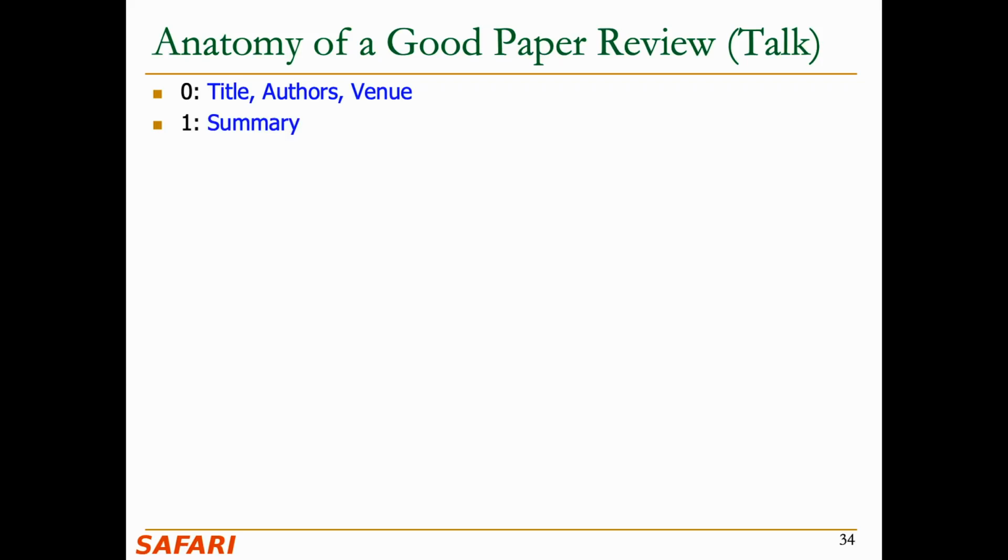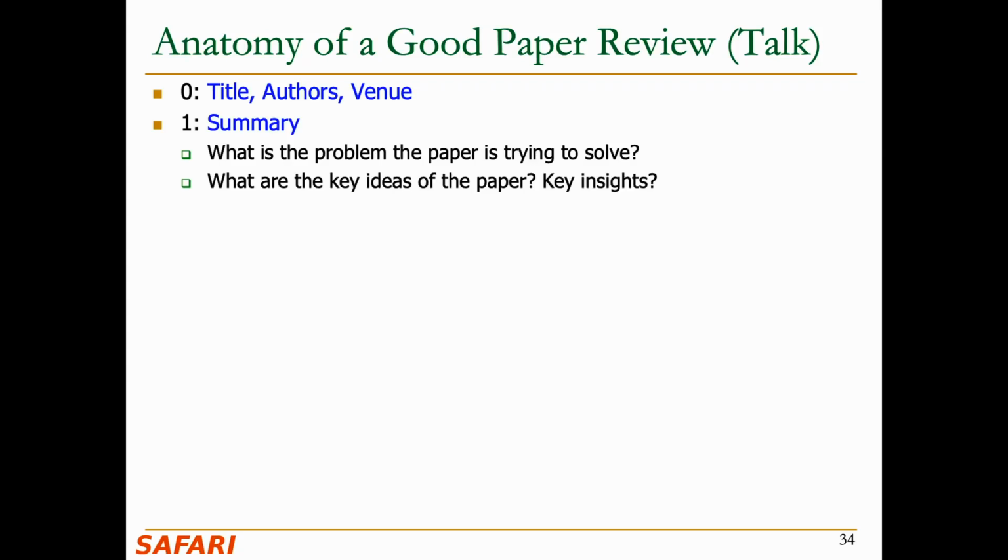You start after that with a summary, where you summarize the problem this paper is trying to solve. If the audience is not familiar with this problem, you may go through an introduction first. What are the key ideas of the paper, key insights?